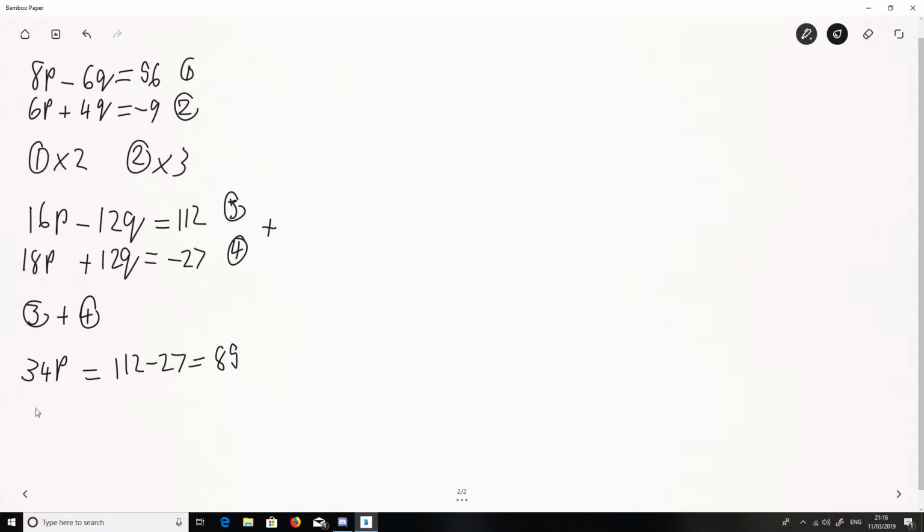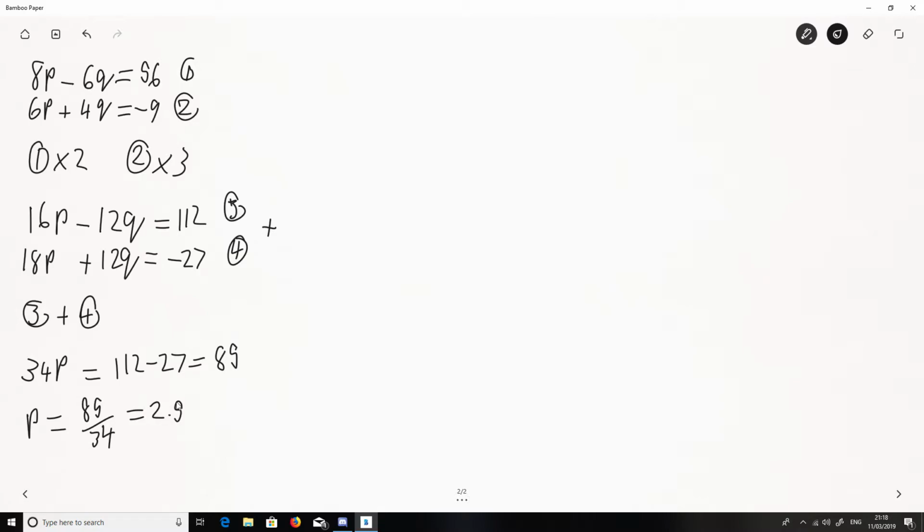So this time we have 34p equals 85, which is not a very nice solution. So p equals 85 over 34, and that is equal to 2.5.